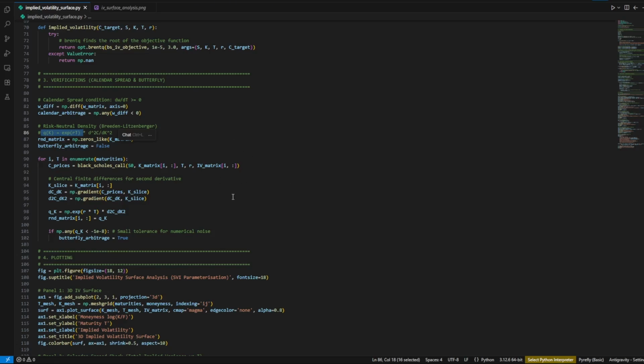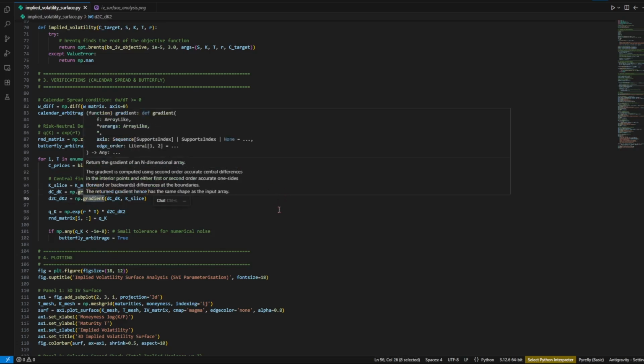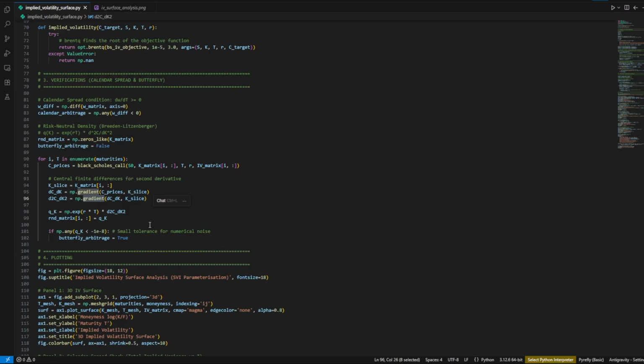So we compute the option prices, or C(K), using the Black-Scholes formula with our SVI implied volatilities. We then use numerical finite differences, using the gradient twice, to extract the second derivative and find the probability that it remains positive.